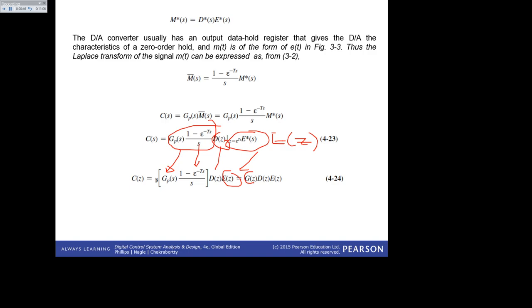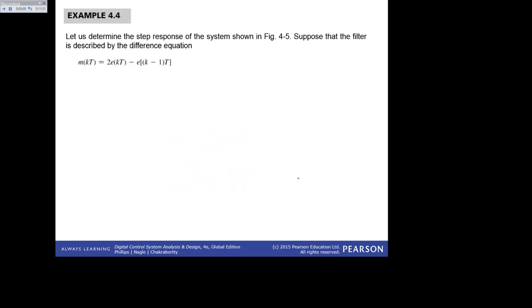So what will G(z) be? It will be the plant transfer function together with the transfer function of the zero order hold, and D(z) is the transfer function of the filter, and this one is the input, which is a continuous time signal of the open loop system. And that's the equation describing the transfer function of the open loop system.